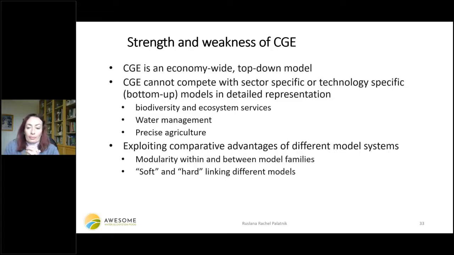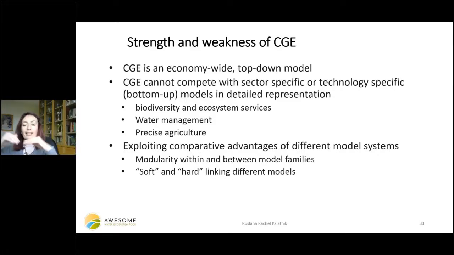Now, after I described how great this model is, I must say that because the model is general and global and represents macroeconomic closure, macroeconomic balances built on microeconomic theoretical basis, it is a top-down model.